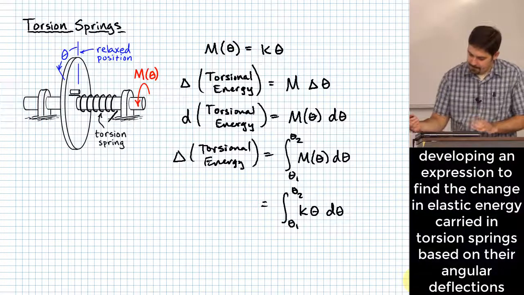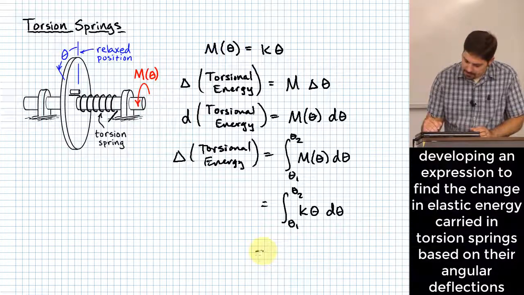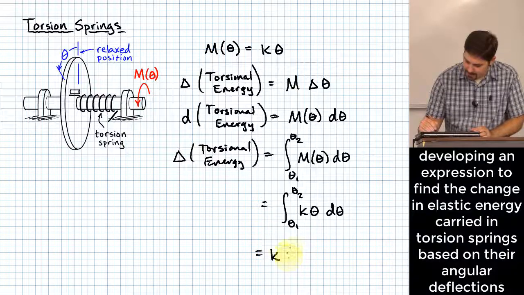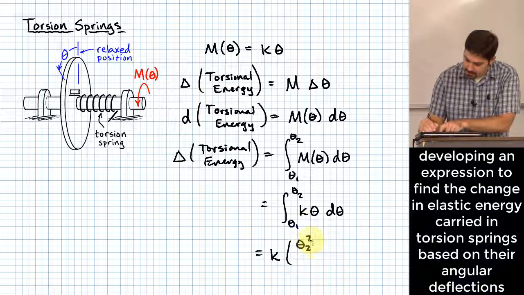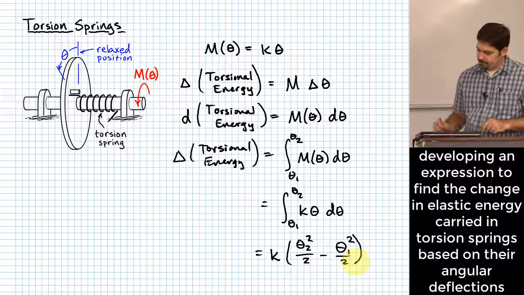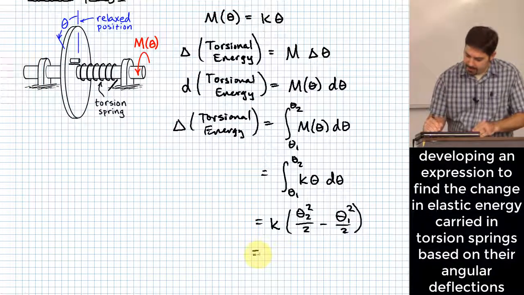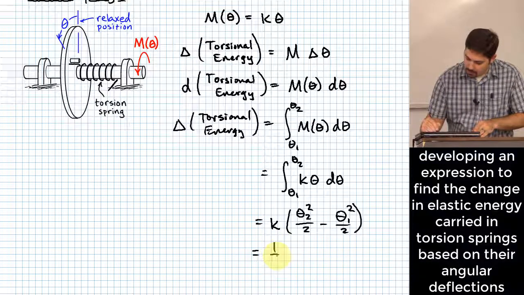All right. And so if we actually do this, this ends up giving us k times theta 2 squared over 2 minus theta 1 squared over 2. Or the way that that's written more commonly is that we have 1/2 k times theta 2 squared minus theta 1 squared.